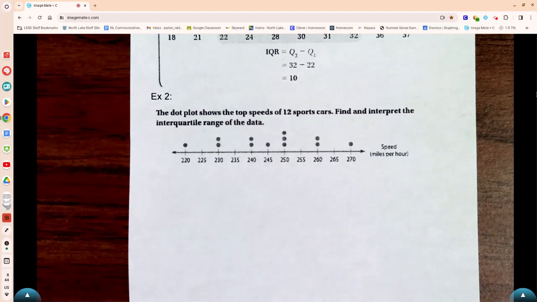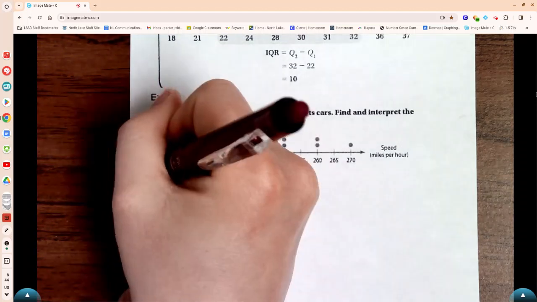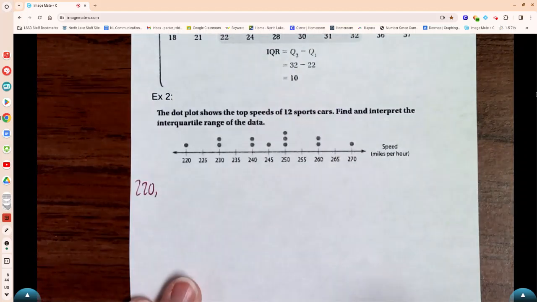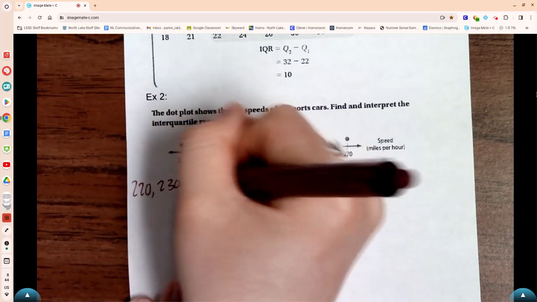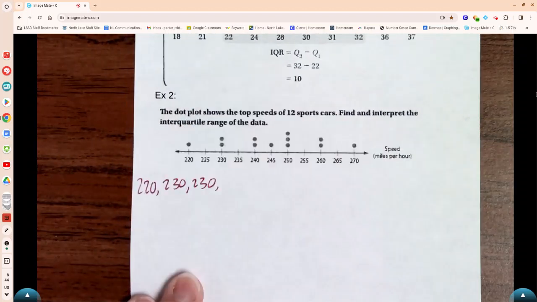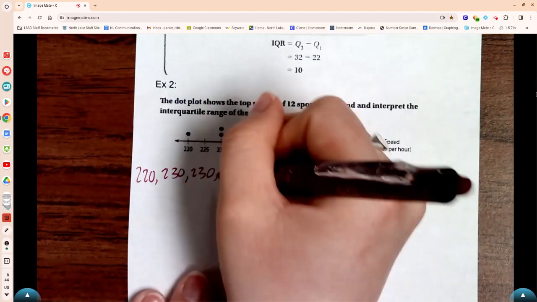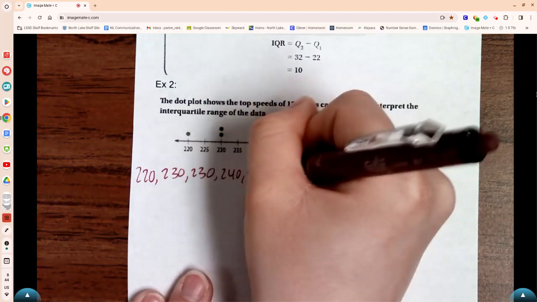Now this dot plot is already kind of in least to greatest order, which is nice for me. So all I'm going to do is look at the dots and write down what number each dot is representing in a list in order from least to greatest. So 220 would be my first number. Then 230, and since there's 2 dots above 230, I want to write it down twice. Then I have 240, again, that's twice, so 240, 240.